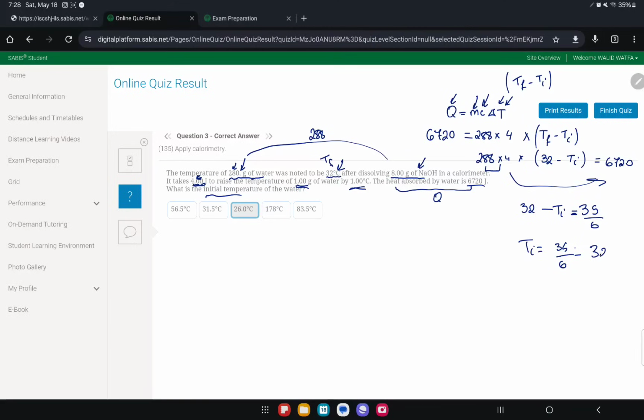So temperature initial equals 32 minus 35 over 6, sorry, it was 32 minus. And you're going to get a repeating decimal, 26.1666666 and so on. So you can just say the answer is 26.